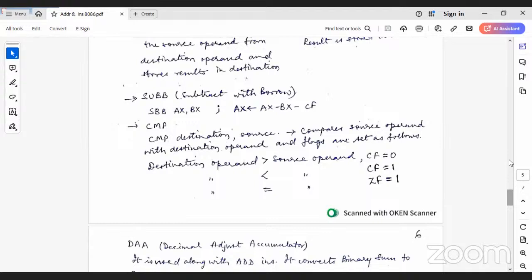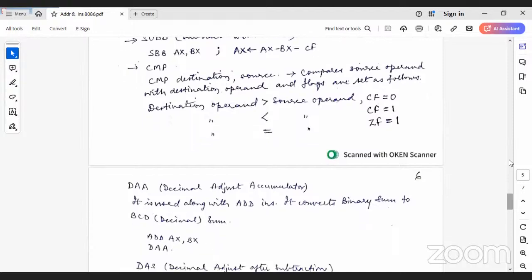If the destination operand is greater than the source operand, the carry flag is 0. If it is less than, then the carry flag is 1. And if both of them are the same, then the zero flag will become equal to 1. This is one important point to be noted when discussing arithmetic instructions. So many new things for you to learn today.